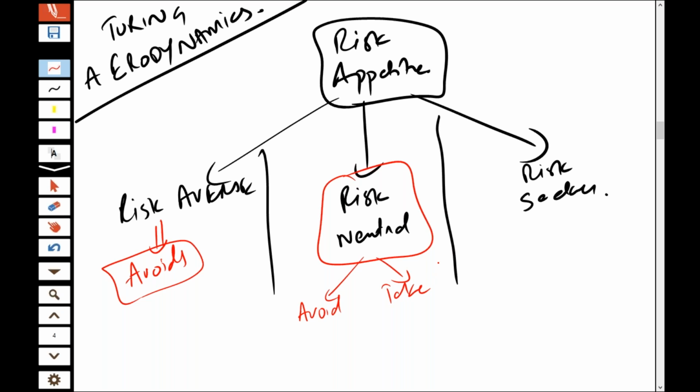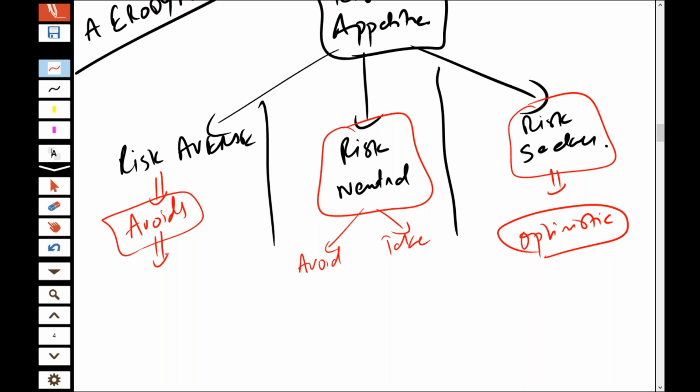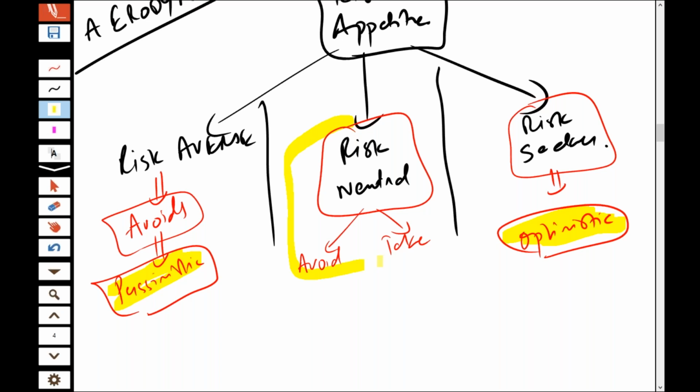So there is something that could be a risk neutral strategy. And the third one is a risk seeking entity, which is a very optimistic entity, which sees opportunity in every single decision that they take. So you've got a risk averse decision maker, which is more pessimistic. You've got a risk seeker, which is optimistic, and then you've got a risk neutral strategy.